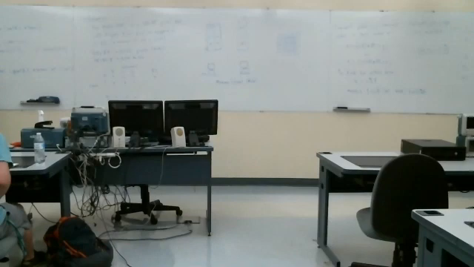So we can say int index equals get index of i and j, and then I need my mask, uint8_t mask is get mask of i and j.